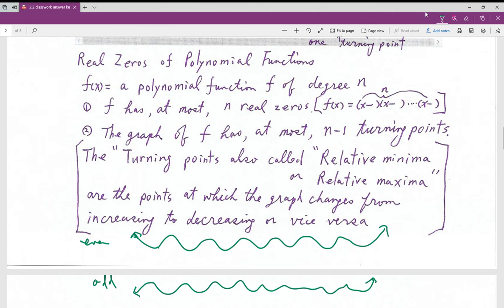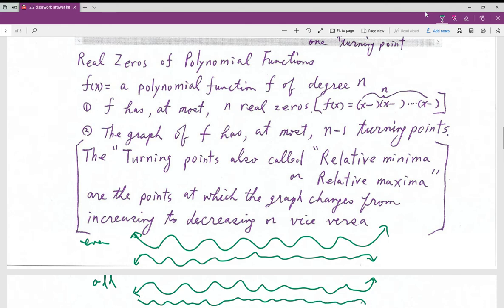So that's even or odd. And it depends on the coefficient. If your coefficient is positive, okay, so you may have something like that. If your coefficient is negative, then you have that, or you have this. Okay, that's all the possibilities. Depends on the coefficient.